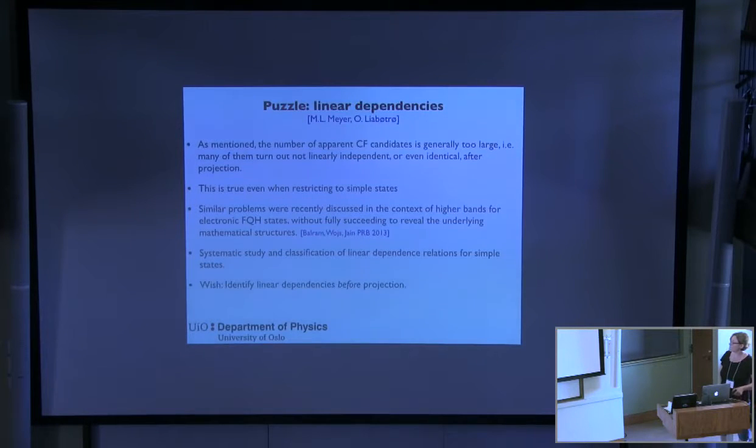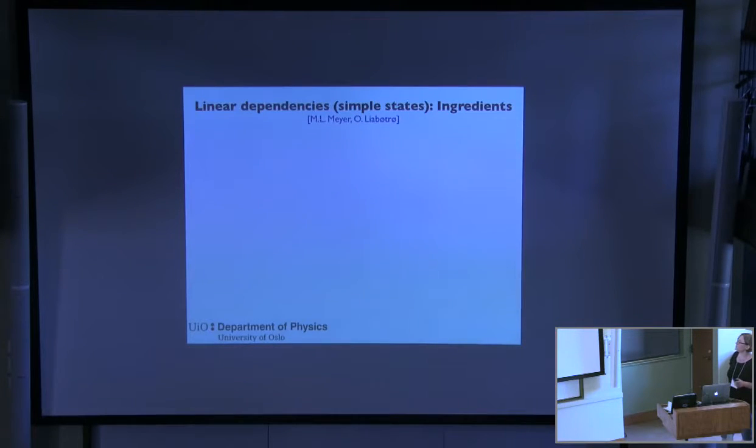And the wish, of course, if you want to use this for numerics, is to somehow be able to spot from the form of the Slater determinants which ones are linearly independent, to reduce that to a basis of linearly independent states before doing the projection and just staring at your polynomial, because that's really the heavy part of the numerics.